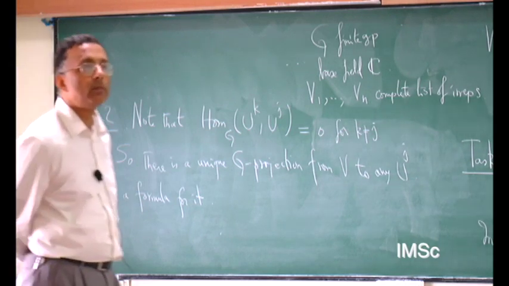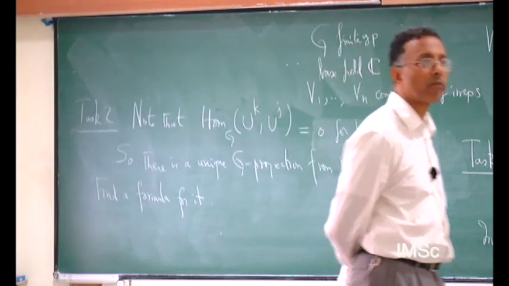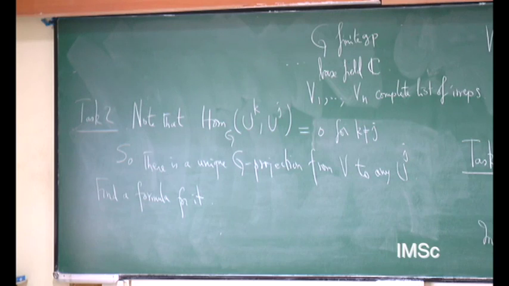Without doing that, one can get a G projection also to U1. U lower one, yes.